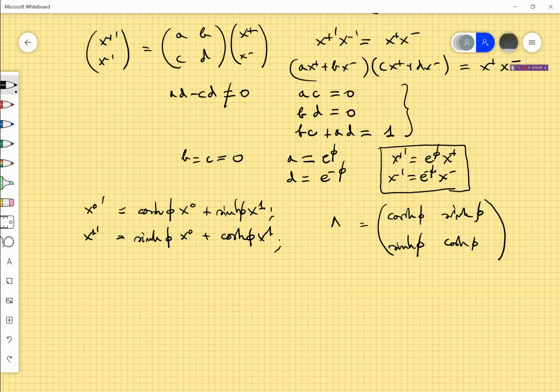Okay, now you compare this transformation with the standard form of the transformation that we found before, and just by direct comparison you find that the hyperbolic cosine of phi is 1 over the square root of 1 minus v squared divided by c squared, and the hyperbolic sine of phi is equal to minus v divided by c.